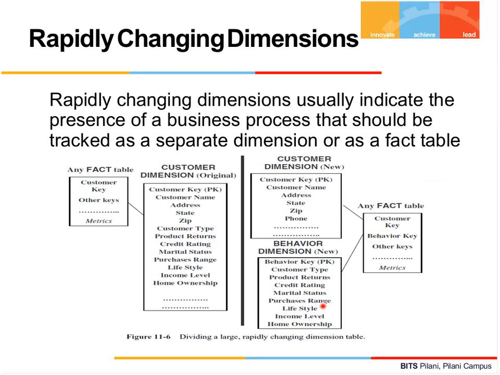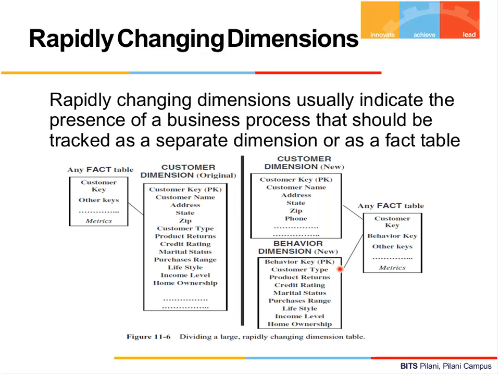You see here, they put a different dimension here. So if this is a very large dimensional table with millions of records and some attributes are rapidly changing, the best way to address this scenario is to put them into 2 different tables.